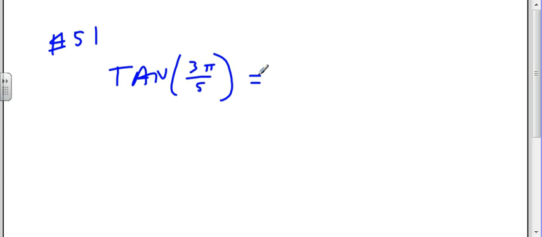Oh, yes, it is. Tangent 3 times pi divided by 5, close parentheses, minus 3.078. 4 significant digits? Yes. Okay. That's 51. Oh, that went so smoothly. We'll try 54.